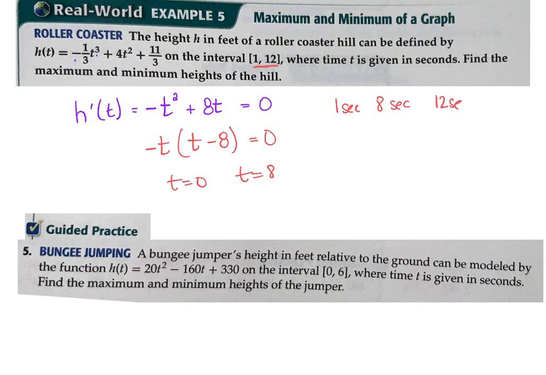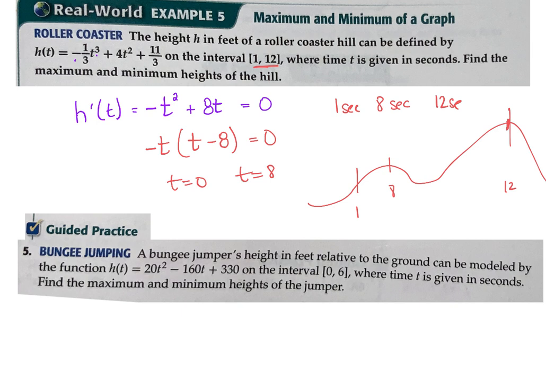They've given us this roller coaster. We could do something like this, and this is 1 second, and this is 12 seconds, and this right here is 8 seconds. Does that make sense? It's very possible that in the scope of what they've given us, our maximum for that interval is actually an endpoint. Max and mins can happen at your endpoints for a closed interval or at critical numbers.